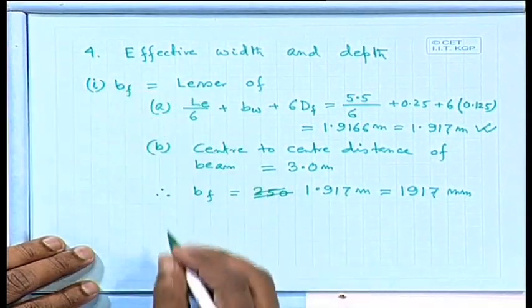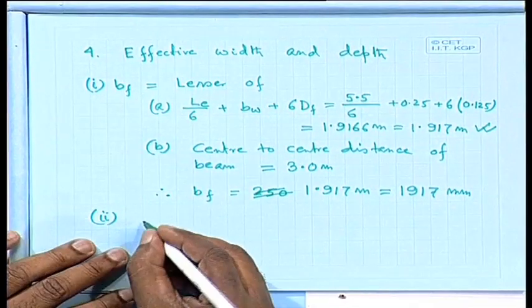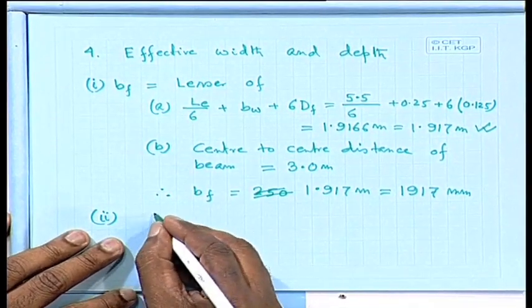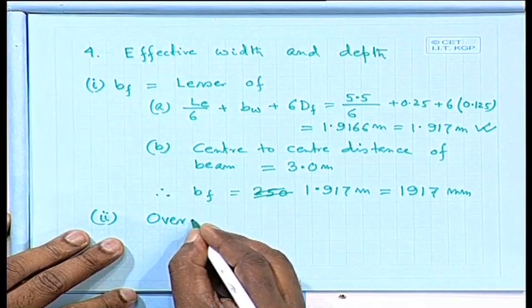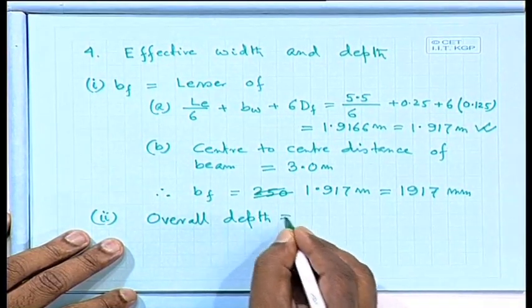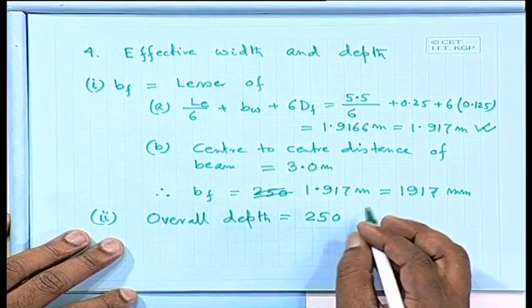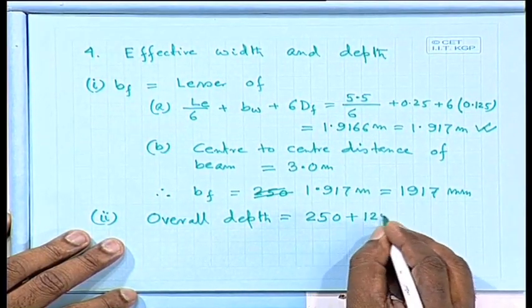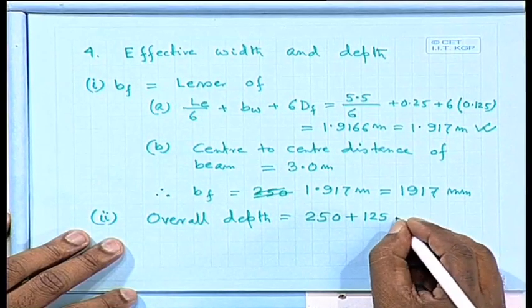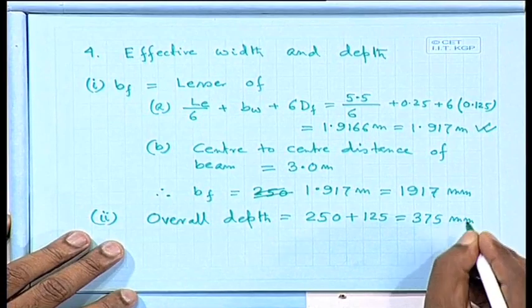What about your overall depth? This is number 1, the effective width. Number 2, we are interested to find out the effective depth. So, overall depth equals 250 millimeter, which we have assumed as the web depth, plus 125 millimeter slab thickness, which comes as 375 millimeter.